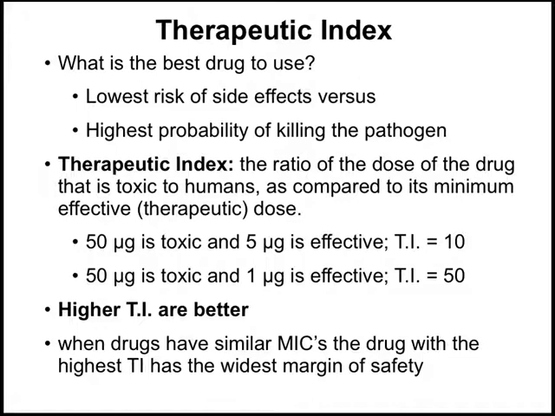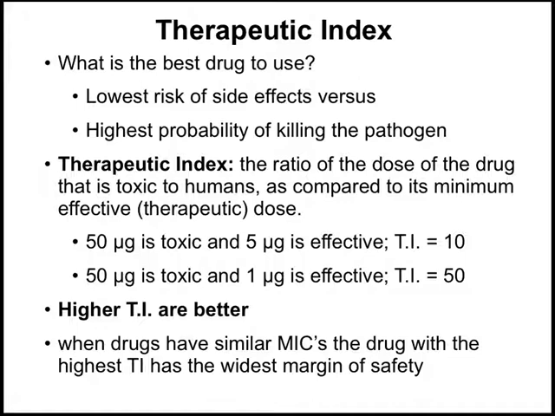The therapeutic index is the ratio of the dose of the drug that's toxic to humans as compared to its minimum effective therapeutic dose. So let's say 50 micrograms of a particular antibiotic is toxic and 5 micrograms is effective. The therapeutic index, or TI, would then equal 10.